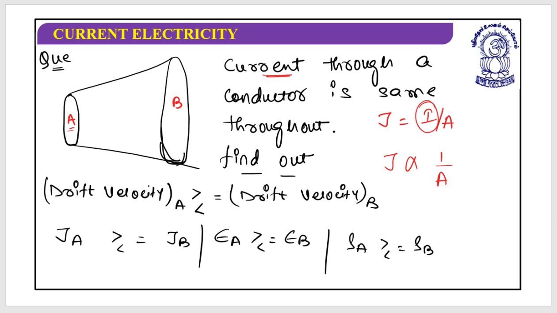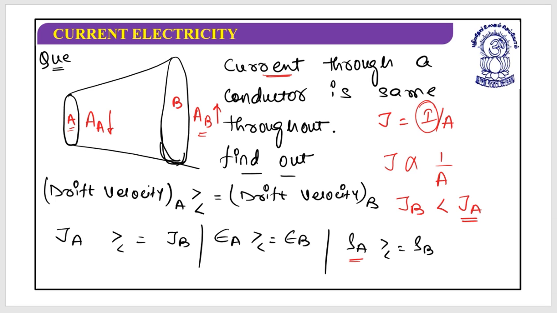So at position A, the area is lower and the area at B is higher. As this is higher, J would be lower, that means the current density at B would be less than the current density at A. Do you understand this?